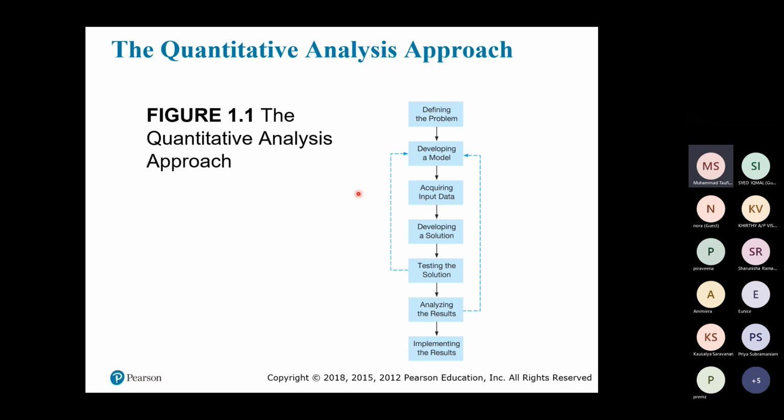We start our quantitative analysis with defining the problem. Before you collect the data, you must know what kind of situation you want. For example, let's say you want to know the trend of durian lovers in Malaysia.